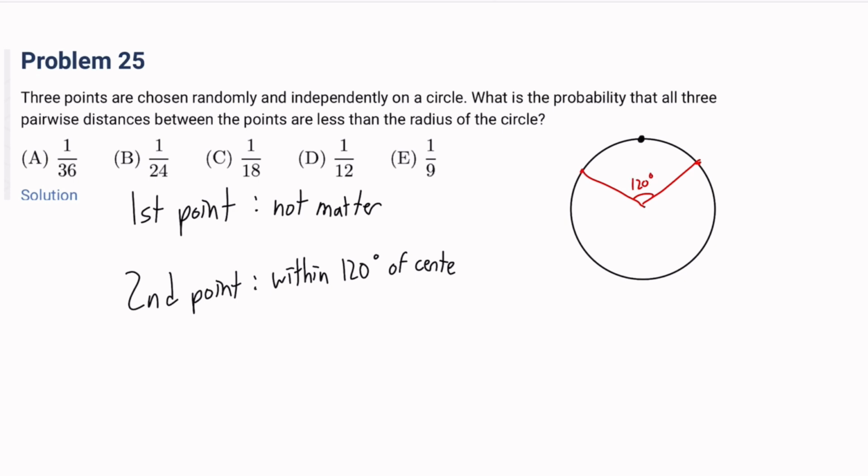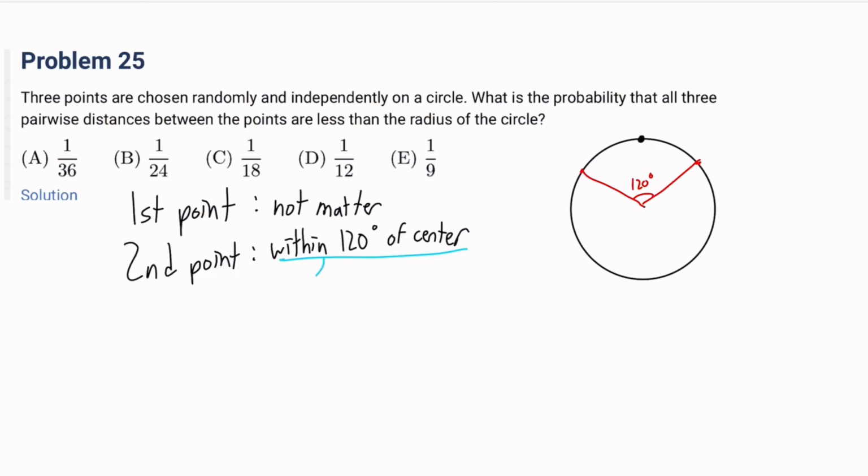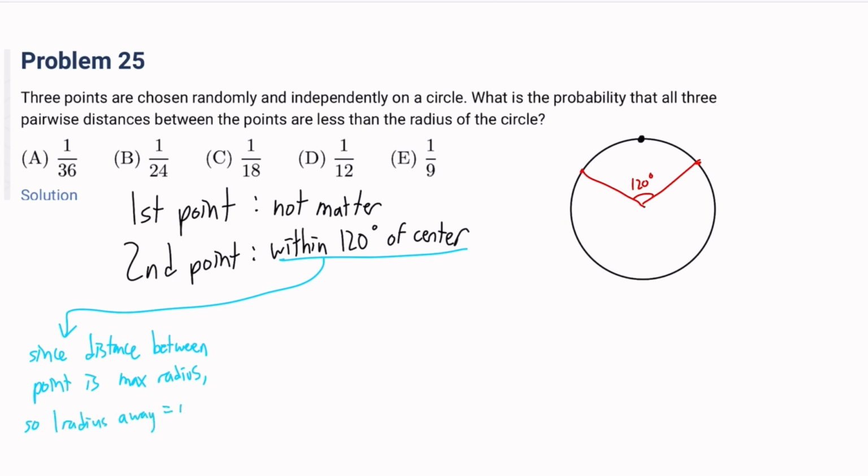The reason for this is because the distance between points is at most the radius. The maximum would be the radius, so one radius away is the maximum point.